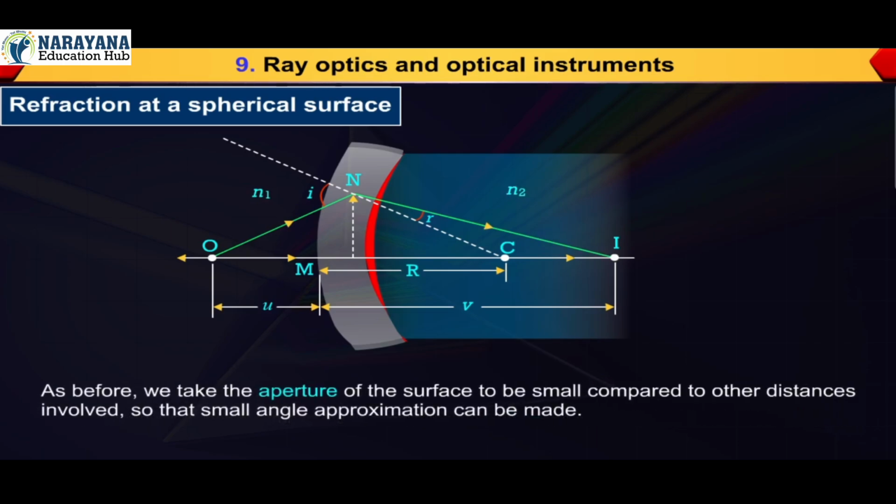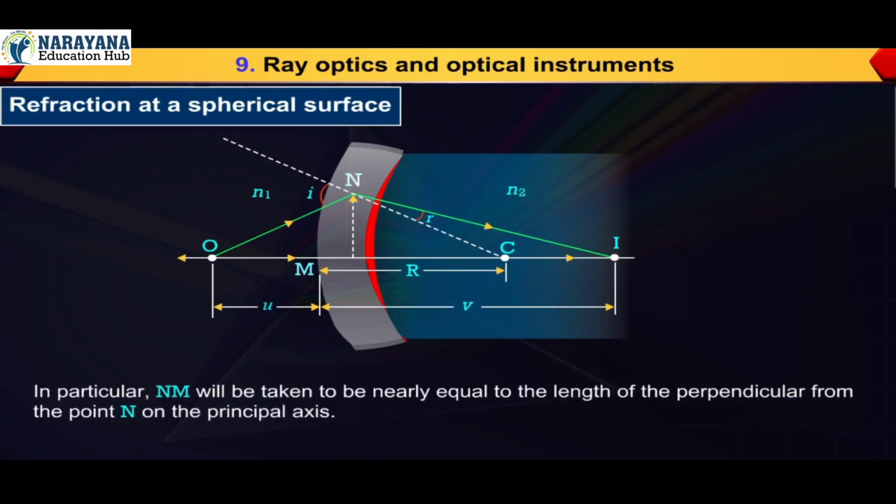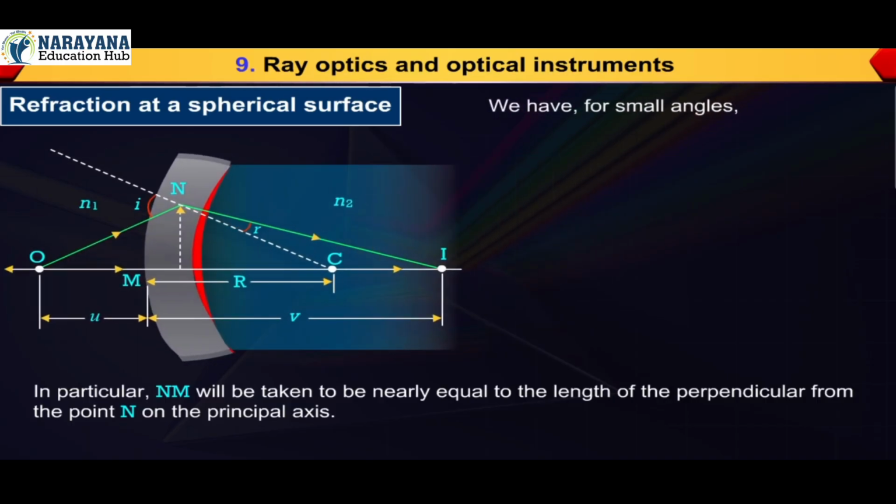As before, we take the aperture of the surface to be small compared to other distances involved so that small angle approximation can be made. In particular, NM will be taken to be nearly equal to the length of the perpendicular from the point N on the principal axis. We have four small angles.